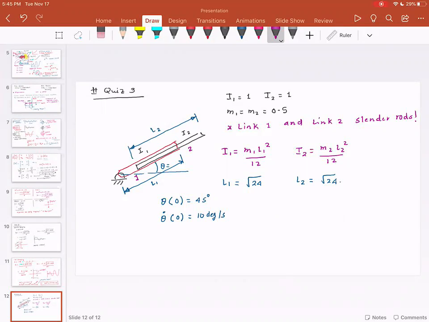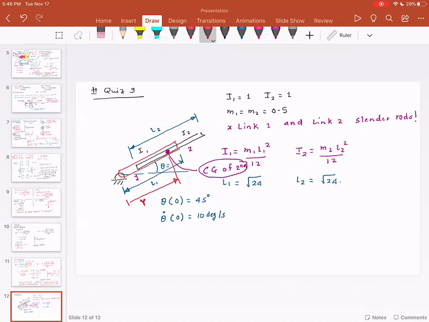For that, I want you to visualize something like this. This is the CG of the second link, and this distance is nothing but r.